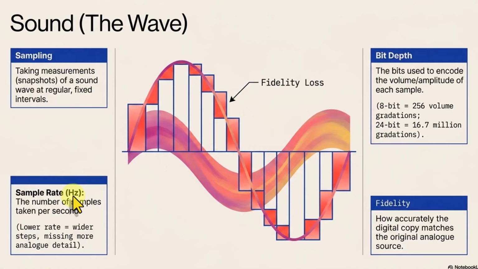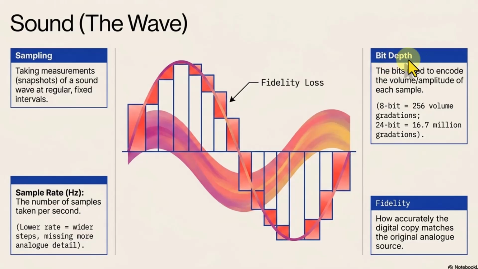That is sampling. Okay, sample rate, which is measured in hertz, is the number of samples taken per second. And we know that a lower rate means wider steps, missing more analog details. So if we take a lesser number of samples per second, we will lose some data there, so we will miss more analog details.